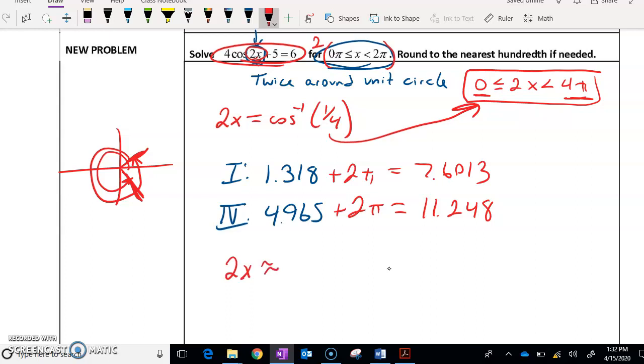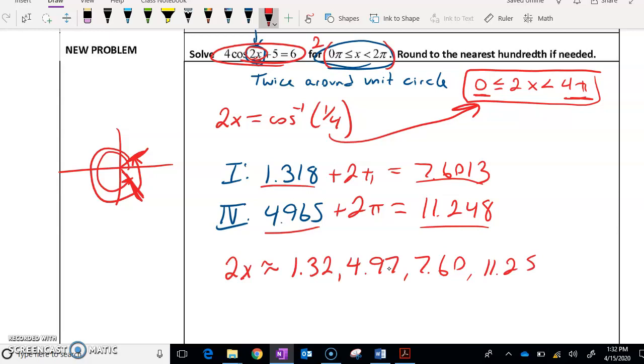So 2x is, I'm just going to clean this up a little bit, 1.32, I just rounded that, 4.97, 7.60, and then I'm going to call this 11.25.